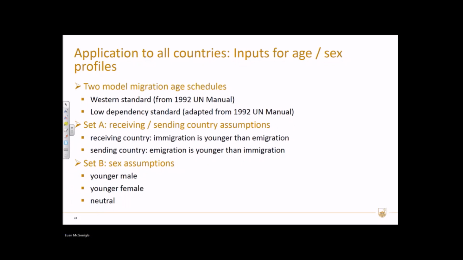The idea is that people migrate when they're young, they go for education, and then after a few years they return home. And when they return home, they're older. Same thing with the sending country. Emigration would be younger than immigration.